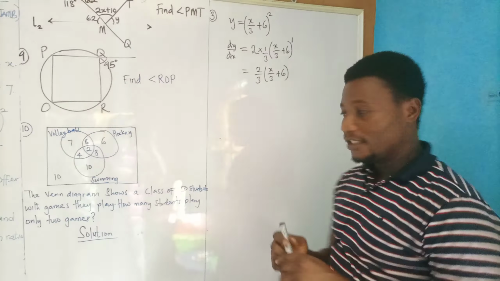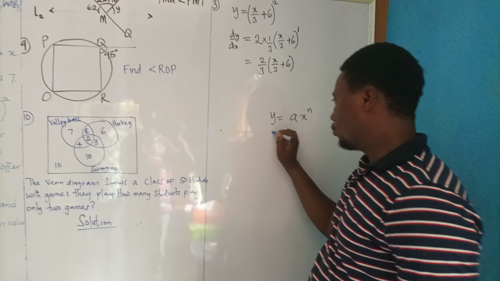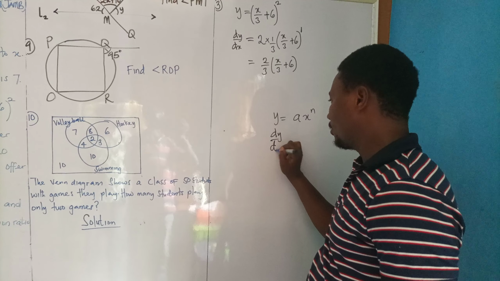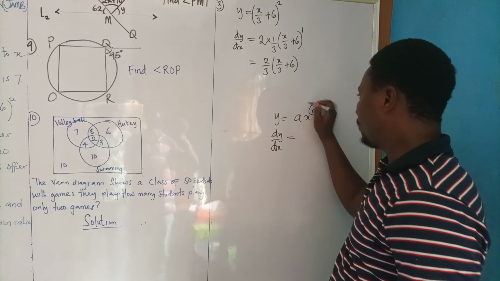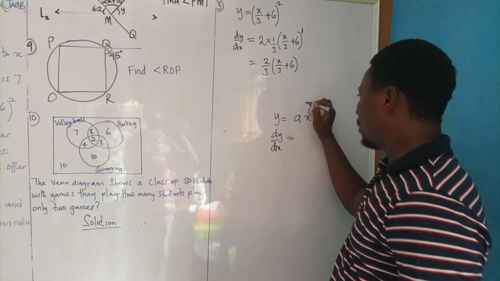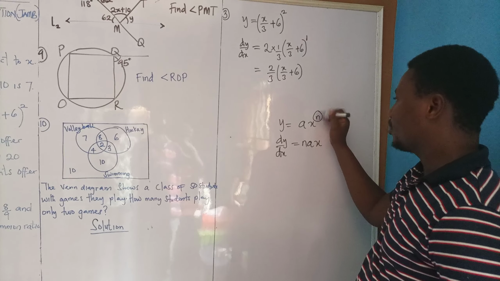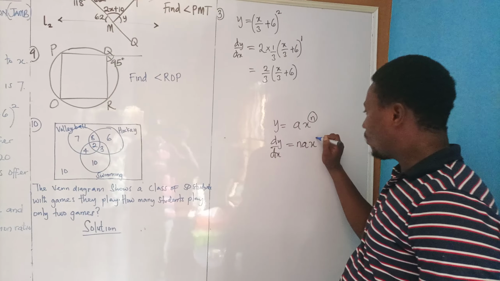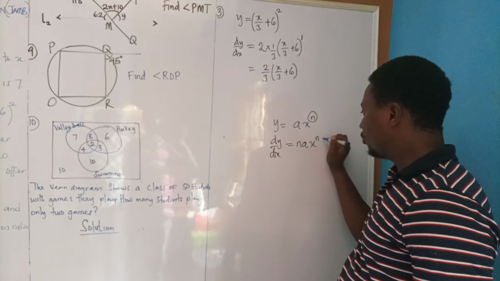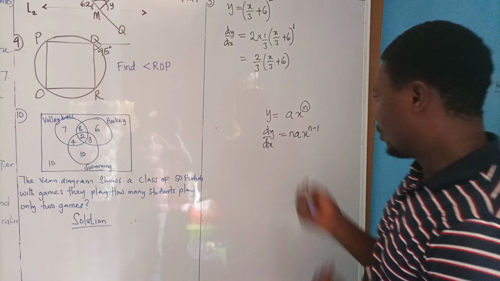Don't forget that if you have y equals ax raised to power n, your dy/dx will just be the power coming down, n, then we have a there initially, then x. Since you have brought down this power, the power will reduce by 1.